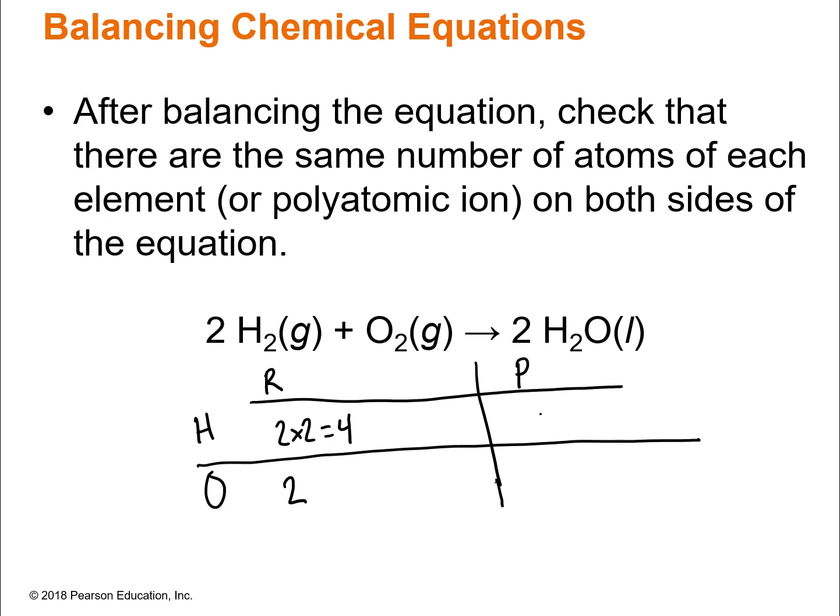On the product side, we've got 2 times 2 for a total of 4 hydrogens, because remember, we've got this multiplier here. And then we've got 2 times the 1 to give us 2 oxygen atoms on the product side. Those are equal. The number of atoms of hydrogen and oxygen are the same on the reactant side and the product side. Make some kind of a little chart and double check your work after you balance.